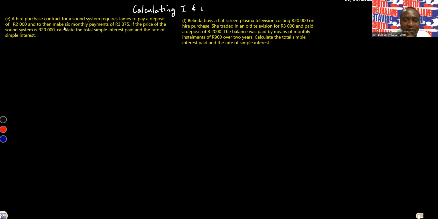Here is the trick: 6 monthly payments means 6 months, and when dealing with N, my N should be 6/12. If the price of the sound system is 20,000, calculate the total simple interest paid and the rate of simple interest. So here we're dealing with the percentage rate.